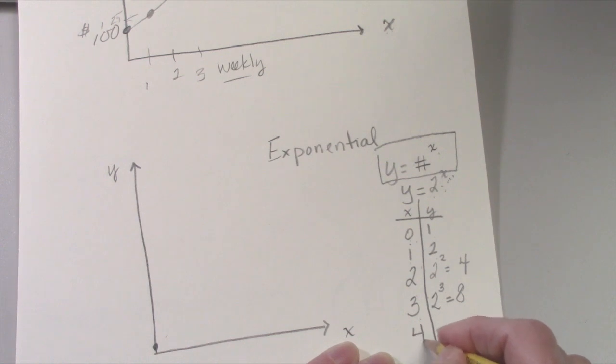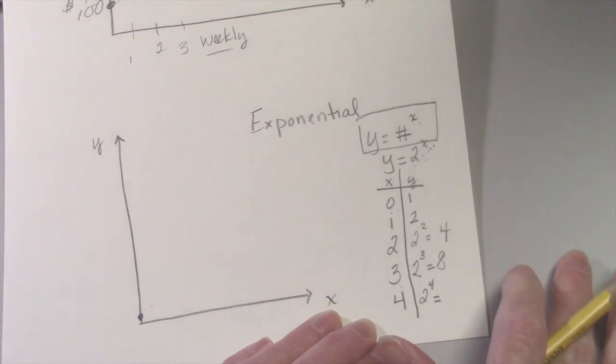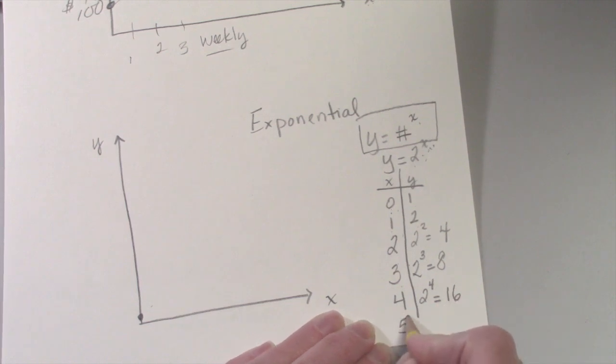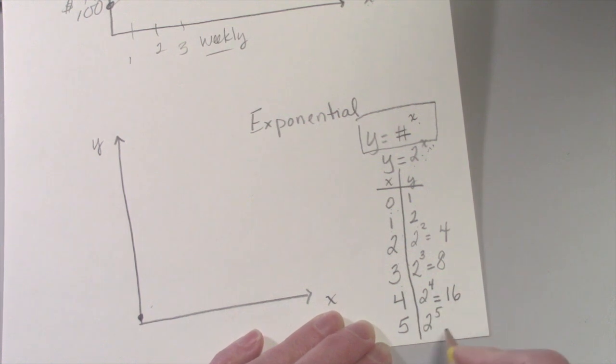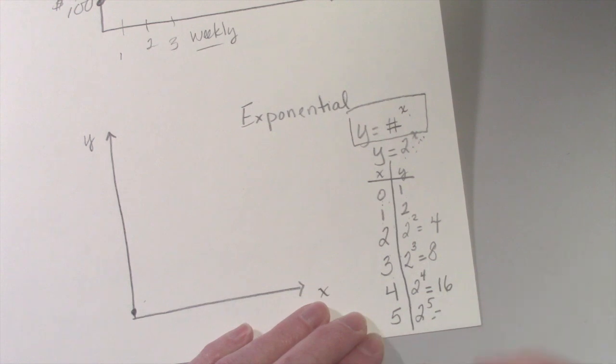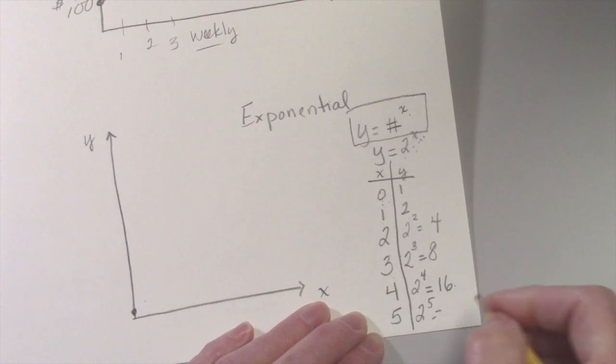Next one would be 2 to the fourth, all right? 2 times 2 times 2 times 2. 2 times 2 is 4, times 2 is 8, times 2 is 16. Okay, get the concept? Go to the fifth. So 2 to the fifth, okay, it's not 2 times 5, it's 2 multiplied 5 times. So technically I'm going to multiply 16 times 2. 2 times 16 makes what?